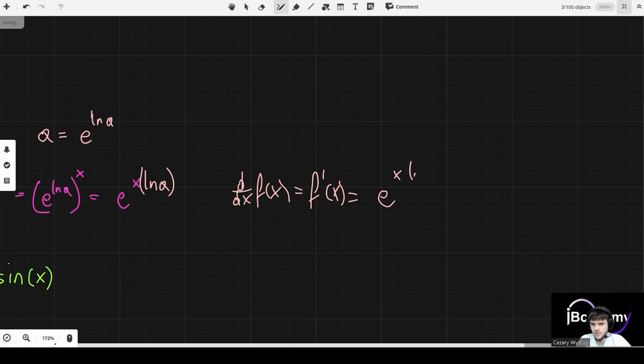First thing I'm doing, I'm just rewriting the same function again. But now, because the exponent wasn't just x, it was x multiplied by a constant, I need to use chain rule and multiply by the derivative of this exponent, right? It's a composite function, if you want to call it like that, okay? What is the derivative of x times a constant? Well, it's the constant, basically. So all I need to do is multiply by ln a.